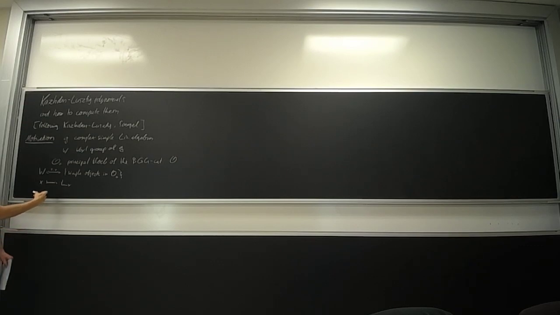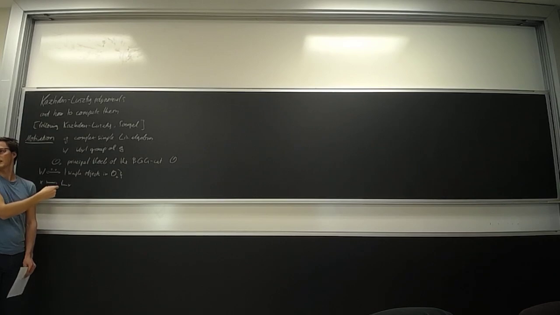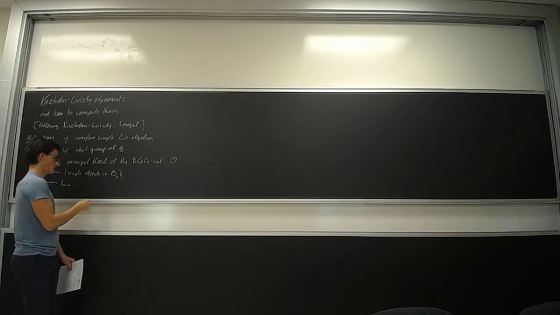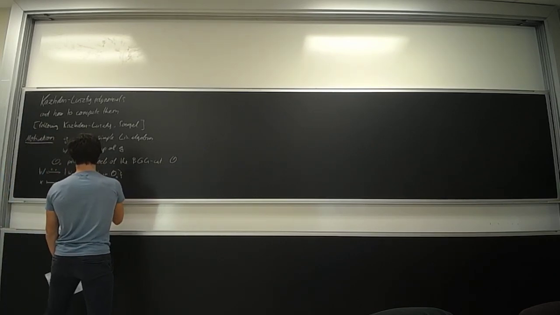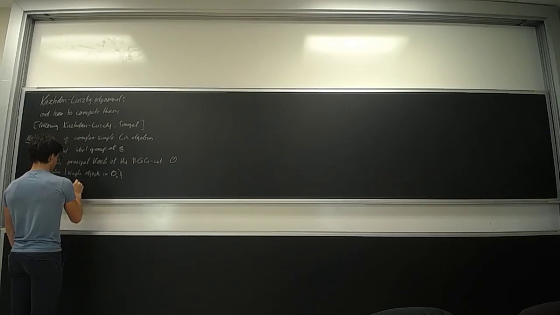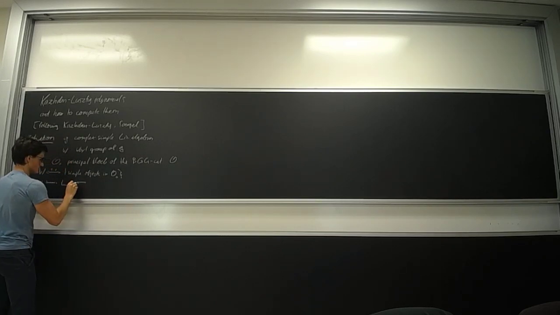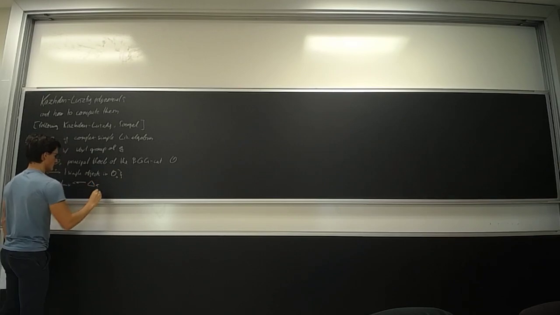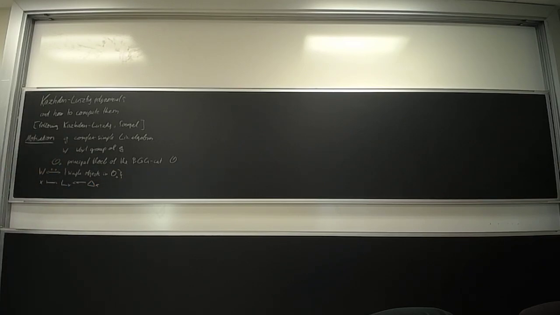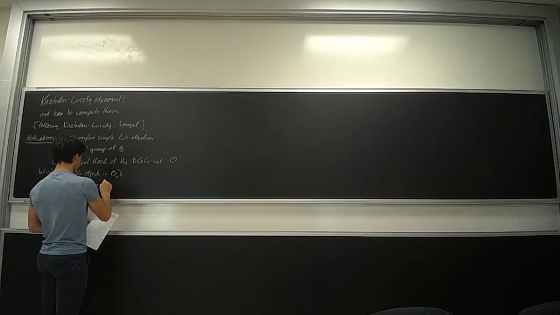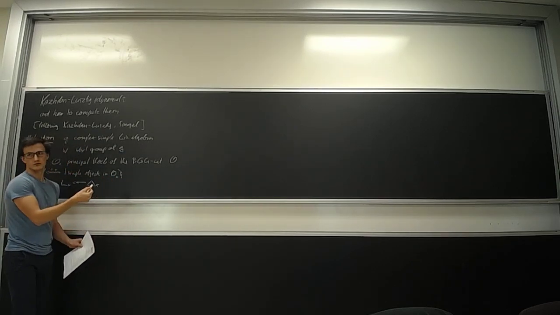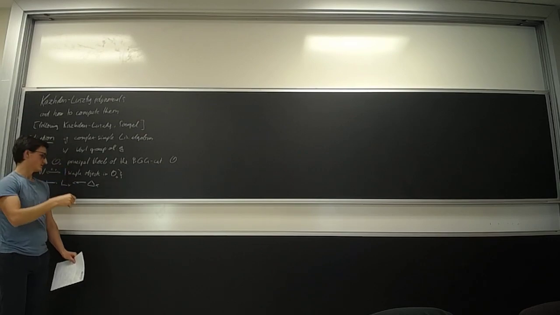And the way these simple objects are constructed, each of them arises as the unique simple head of a Verma module. Okay? So you also have a Verma module which surjects onto the simple module, and it is defined as the induction from the Borel subalgebra to the entire Lie algebra.